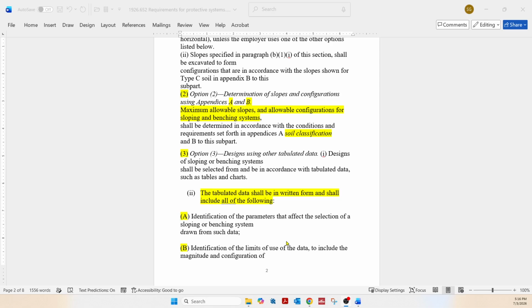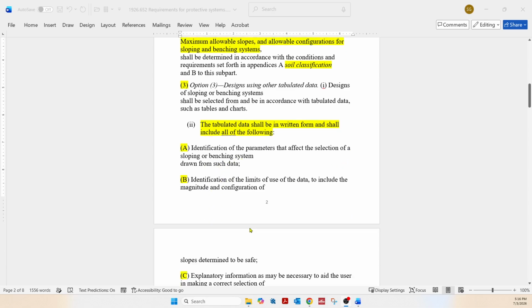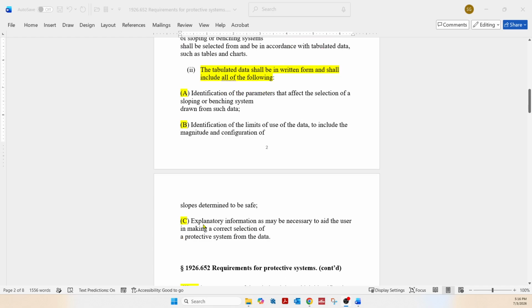I think I just said that. He's got to go to the manufacturer and say, this is what I want to do, draw it up for him, and then the manufacturer has to approve it in writing. Now, that's not all. Identification of the parameters that affect the selection of a sloping and benching system drawn from such data. Wait, there's just a little bit more.